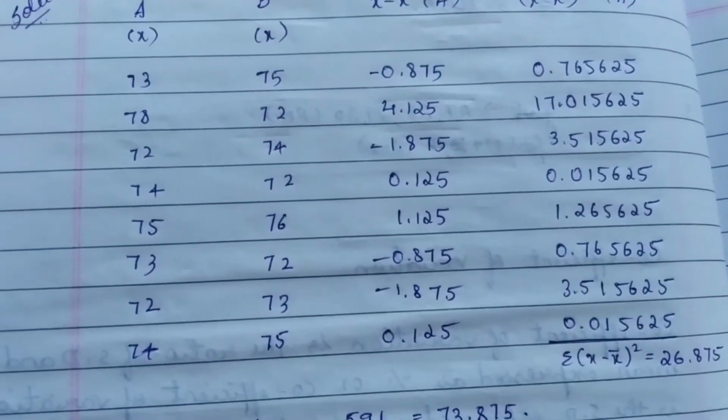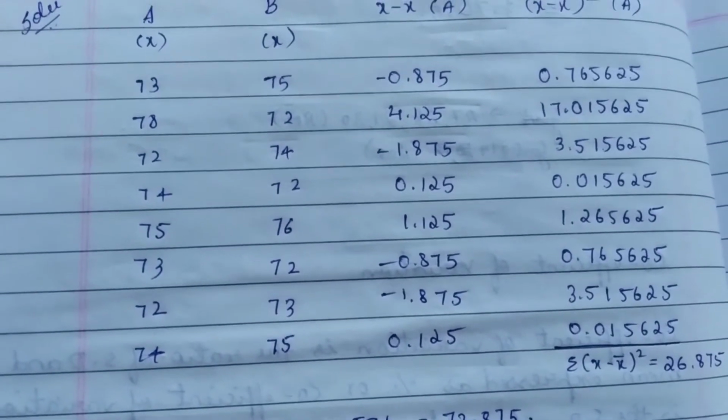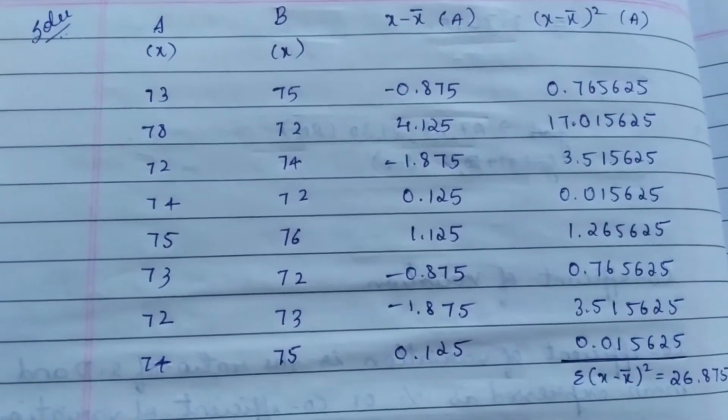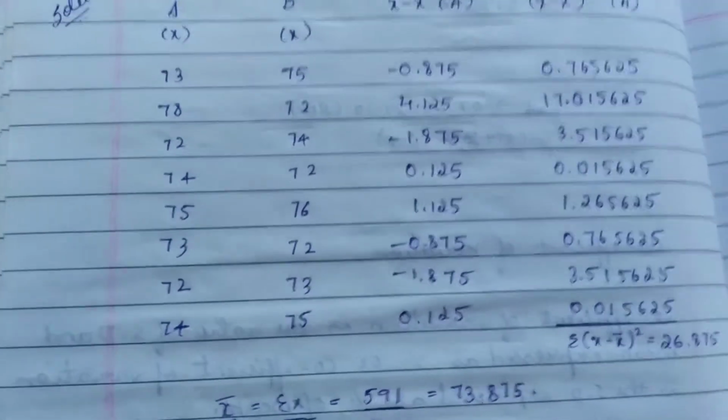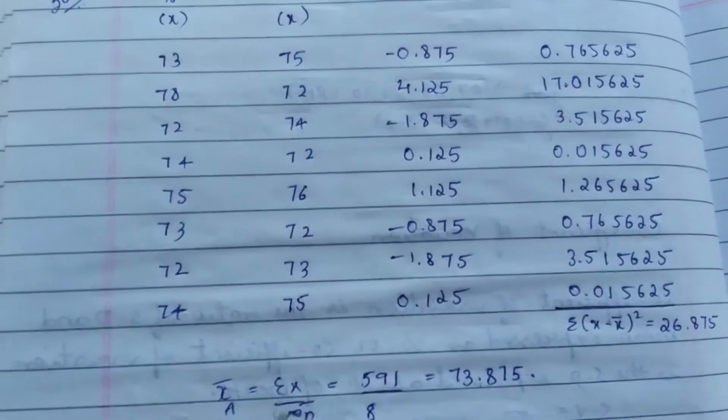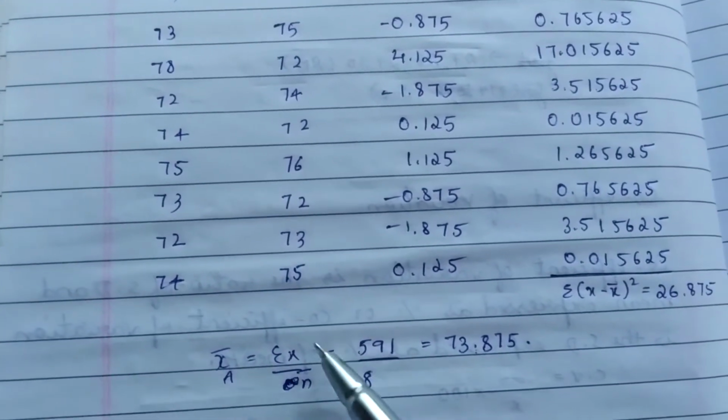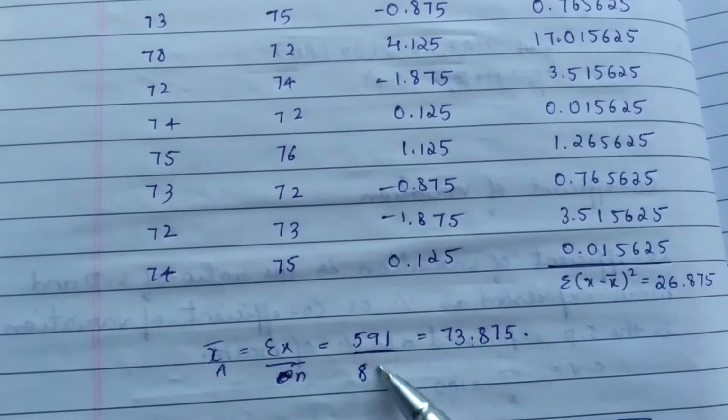Firstly, to get the coefficient of variation, we need the standard deviation and the mean. So we need to calculate the mean first. To get the mean, what is the formula? Sum of x divided by n.